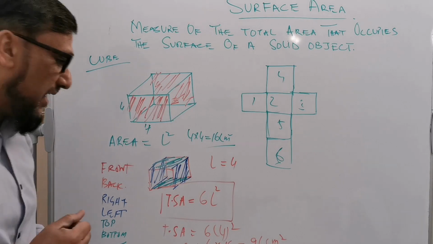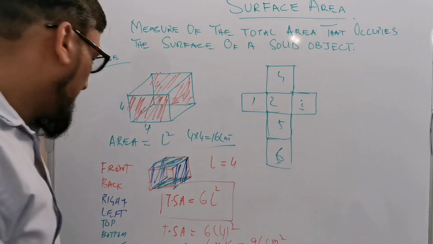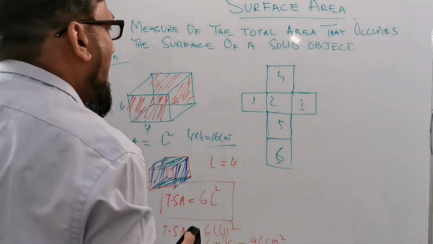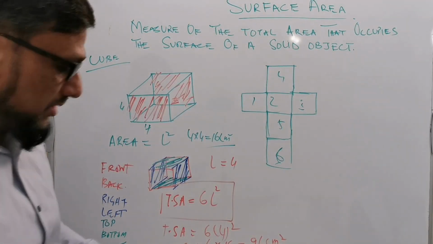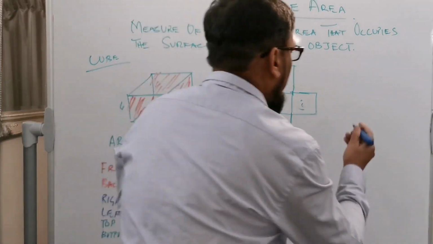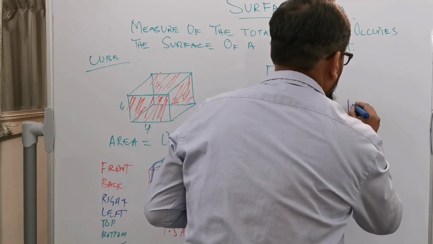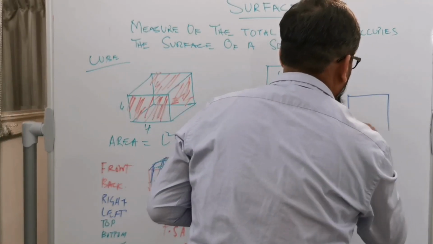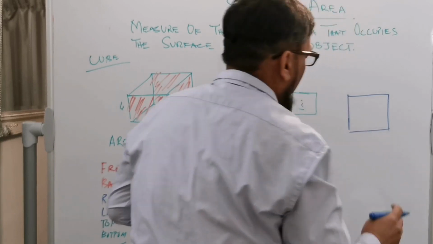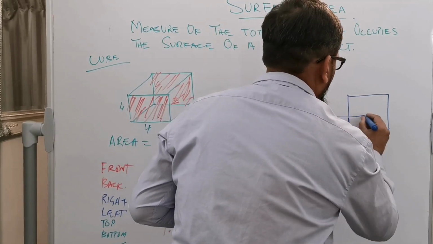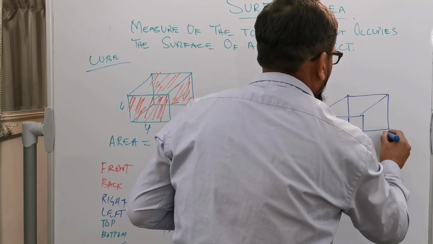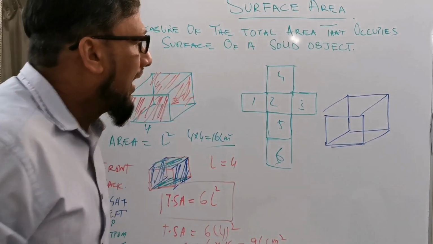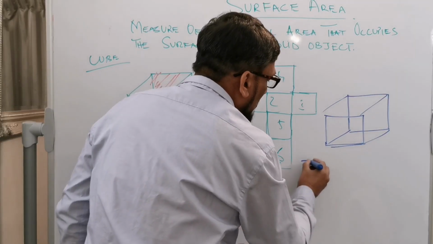Now I'm going to take another example. If I say there is a cube and the total surface area is already given.